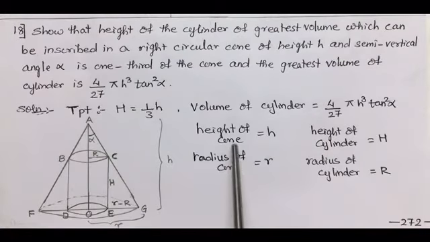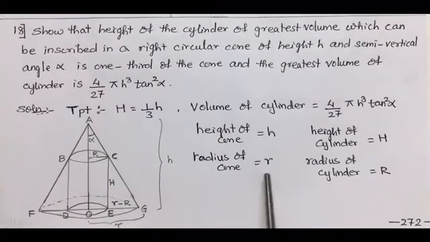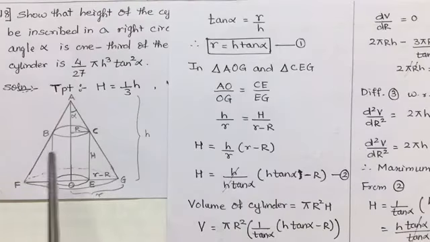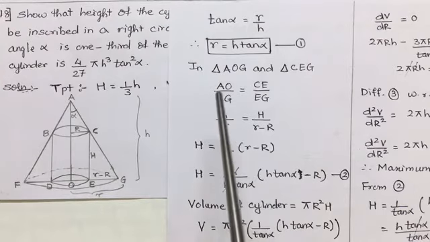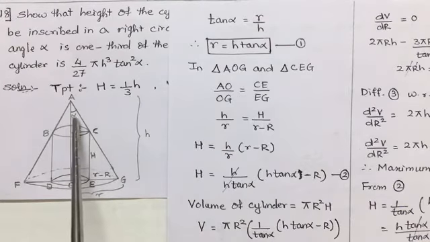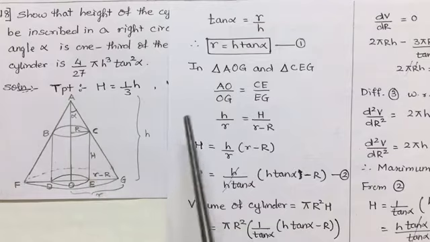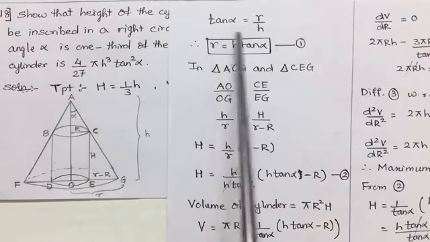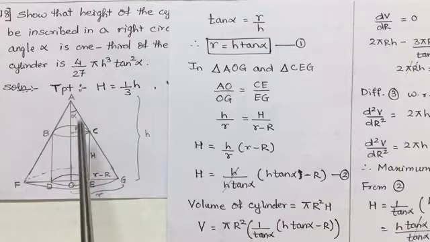So taking up the height of the cone as h, the radius of the cone as r, and the height of the cylinder as capital H and the radius of the cylinder as capital R. Now with the help of this figure, as the semi-vertical angle is given as alpha, we'll calculate tan alpha from the cone.